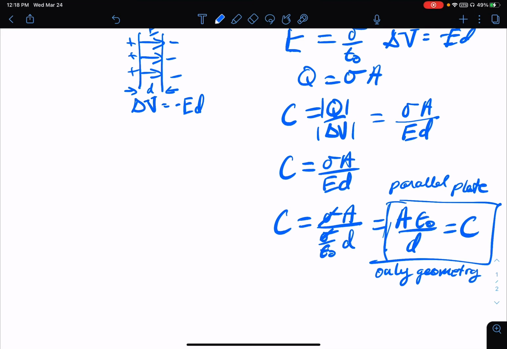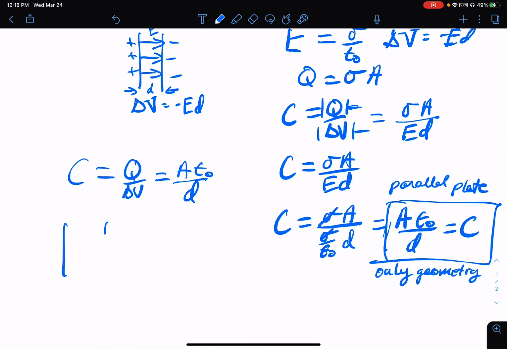Even though it looks like you're dealing with the charge divided by the potential difference, and we are going to be concerned about the ratio of charge to voltage, so C equals Q over delta V, this is true, but in this case, that also equals the area times epsilon naught divided by the distance. So even though the ratio of charge to voltage matters, that ratio is always going to be dependent on the geometry of your particular capacitor.